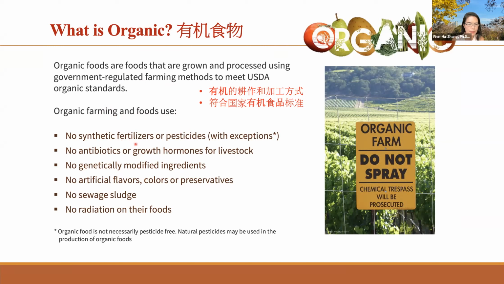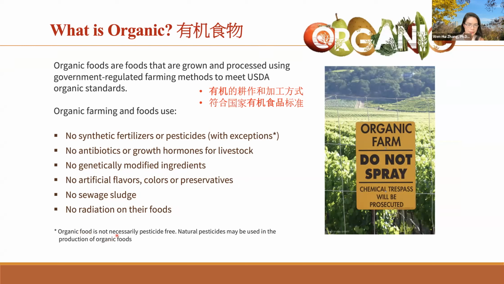So no synthetic fertilizers or pesticides. Of course, there are some exceptions. And no antibiotics or growth hormones for livestock. No genetically modified ingredients. And no artificial flavors, colors, or preservatives. No sewage sludge or radiation on the food.